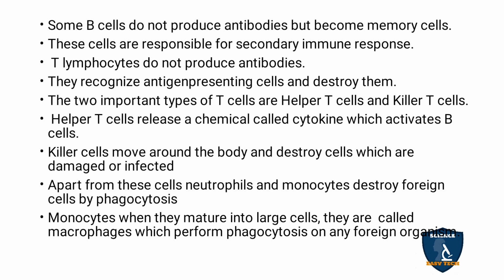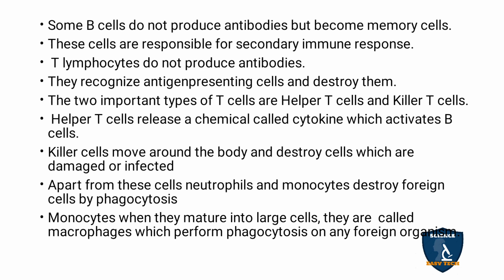Some B cells do not produce antibodies but become memory cells. So not all B cells are involved in producing antibodies; some act as memory cells. These memory cells won't produce antibodies. These cells are responsible for the secondary immune response.